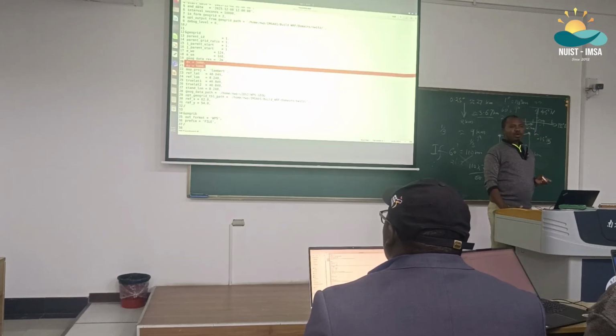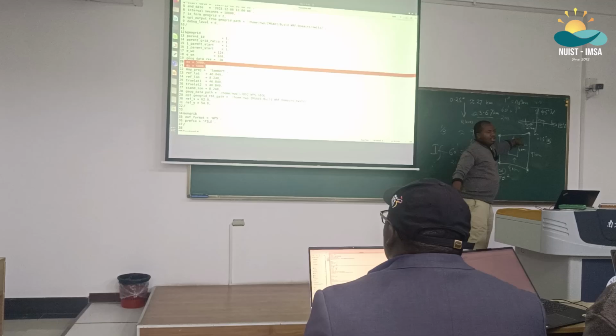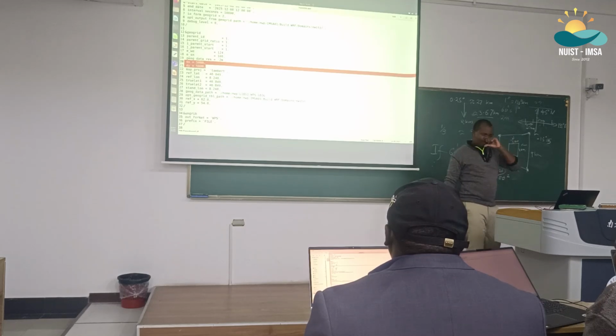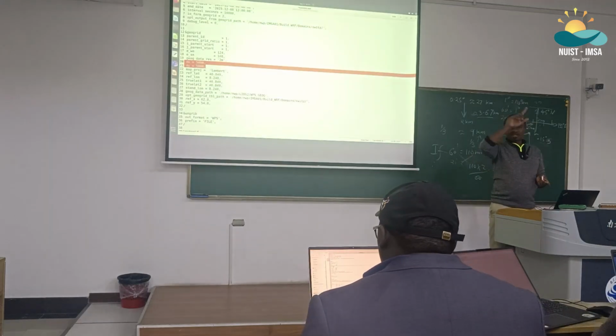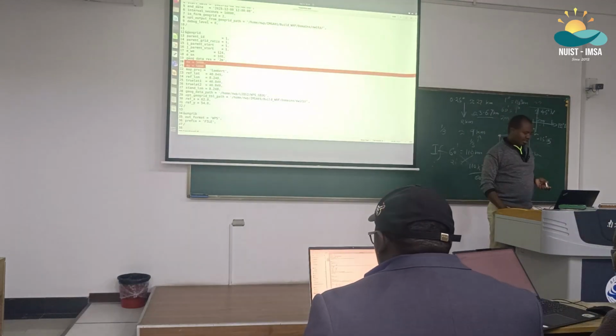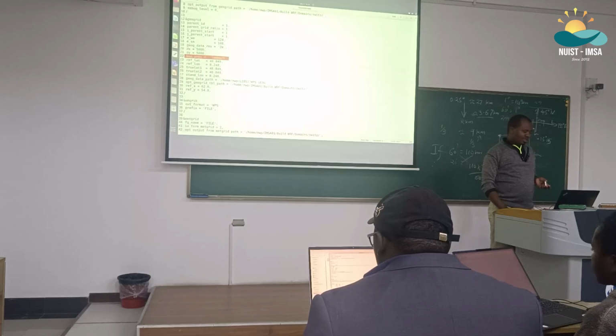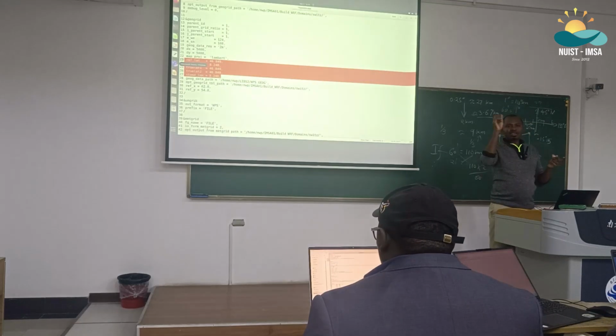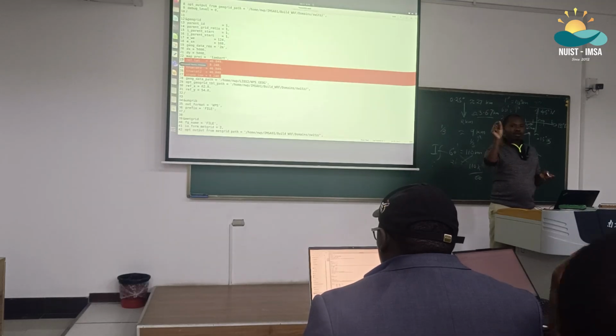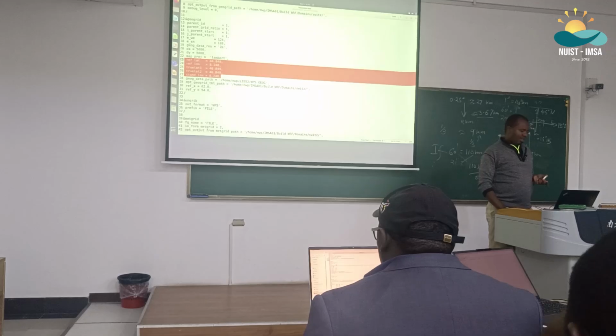Then the dx and the dy are the grid boxes that we have defined. For our case, we only have one parent domain. We don't have nested domains. So our domain is at 5,000 meters by 5,000 meters. The map projection is Lambert, and these ones are defining the domain. They are the central coordinate of the domain that we have defined.